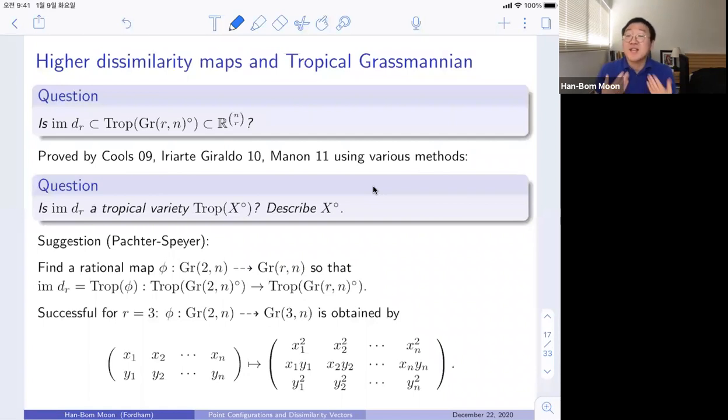This is a very natural suggestion, and it was indeed successful when R is exactly 3. And they described the rational map, which is obtained by this identification.